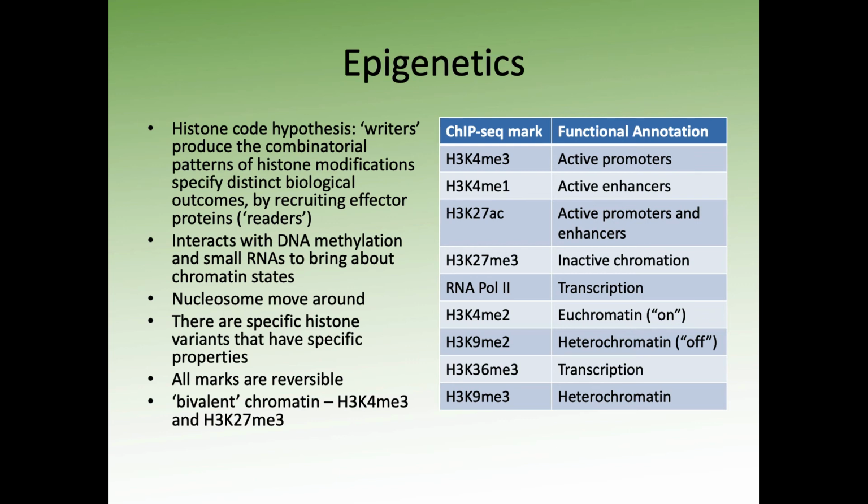And these modifications don't work in a vacuum, so they interact with DNA methylation and small RNAs to bring about various different chromatin states. Another thing to think about is that these systems are pretty dynamic. So nucleosomes can move around throughout the genome, as long as they're not locked into place. And almost all of these marks are reversible if we wanted to reverse them.